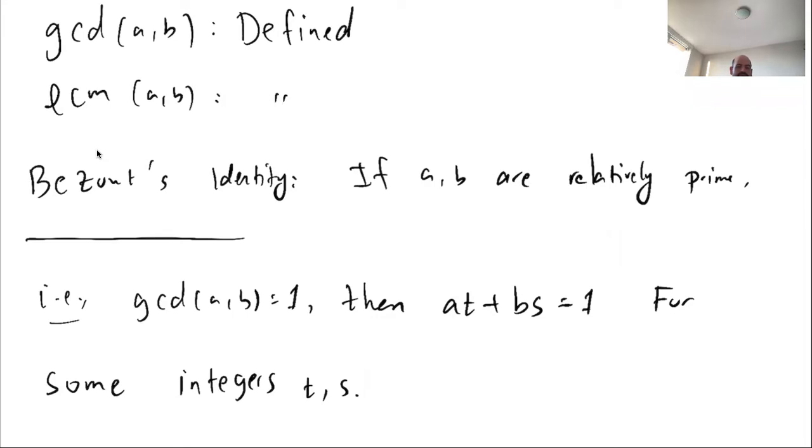We say that those two numbers are relatively prime. And under those circumstances, AT plus BS equals 1 for some T and S. So in other words, some linear combination of A and B is going to be 1 if A and B are relatively prime.